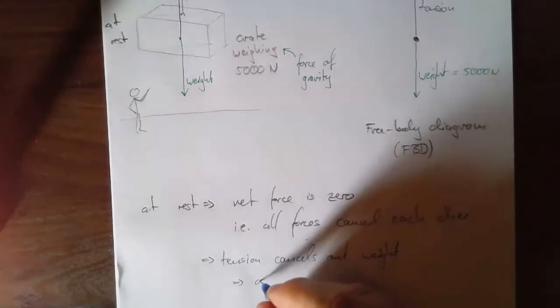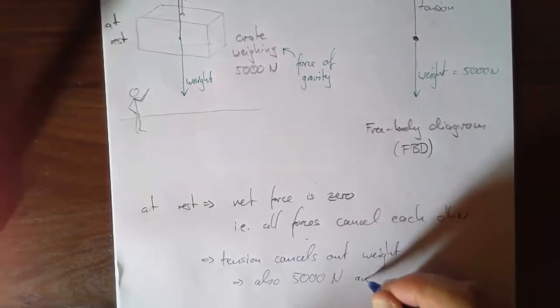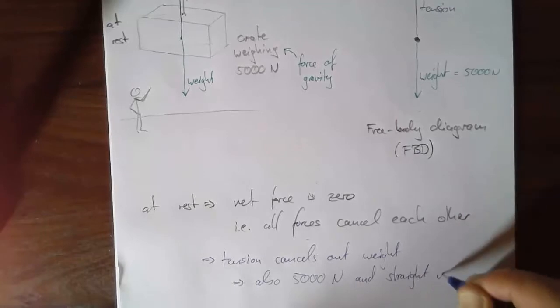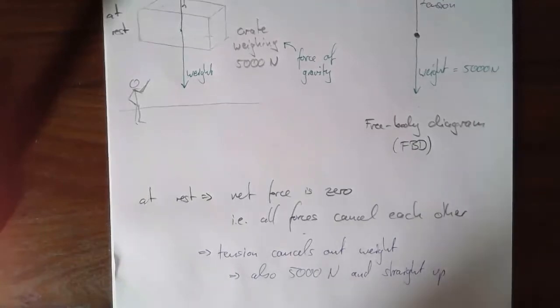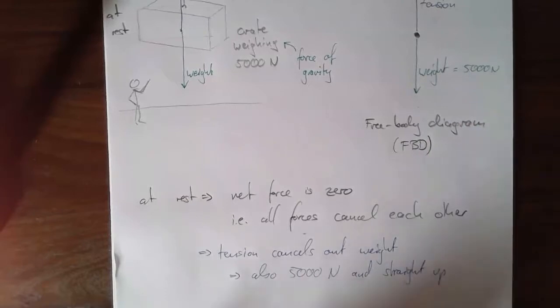That implies it's also 5,000 newtons and straight up, which we knew anyway. It has to be straight up because weight, gravity, acts straight down. Okay, fairly straightforward. Let's move on to another example.